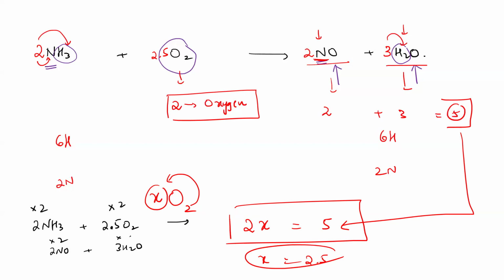In that case this 2.5 becomes 5. I'm not saying that the decimal is wrong, but this looks better, right? So did you understand? That's how you balance this one: 4, 5, 4 and 6.